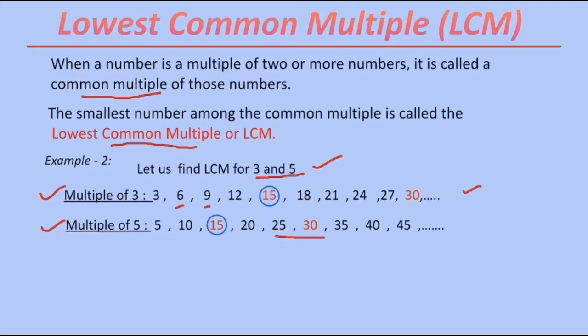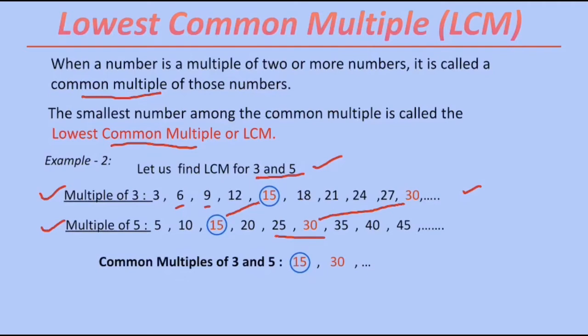Now find the common multiples which are present in both the numbers. Here 15 is the common multiple for 3 and 5, and again 30 is the common multiple for 3 and 5. Now list out the common multiples. Children, here you need not write many common multiples.